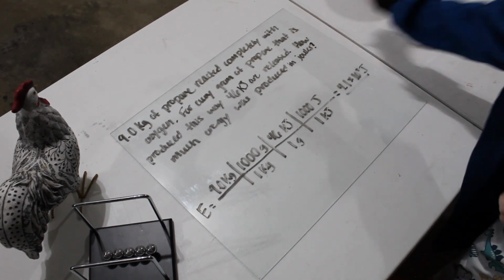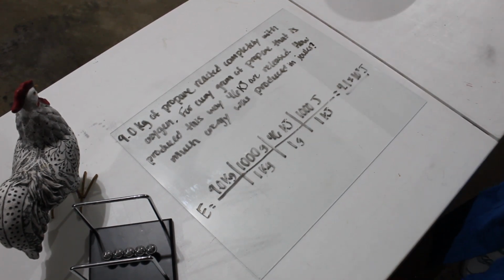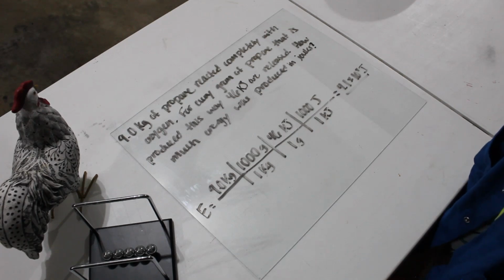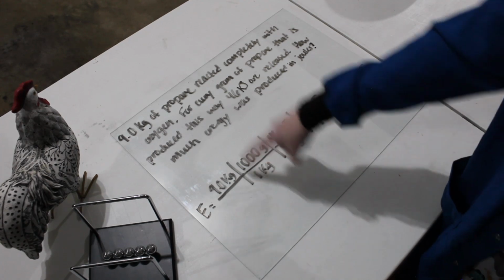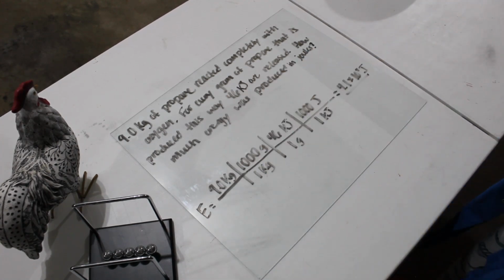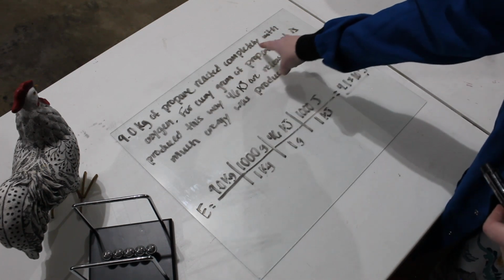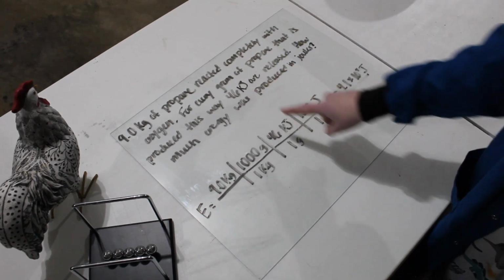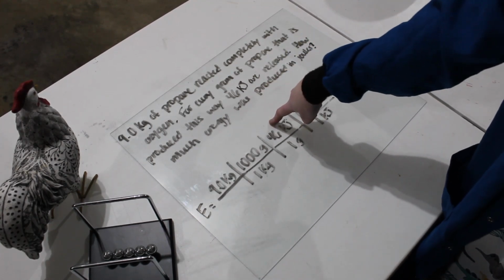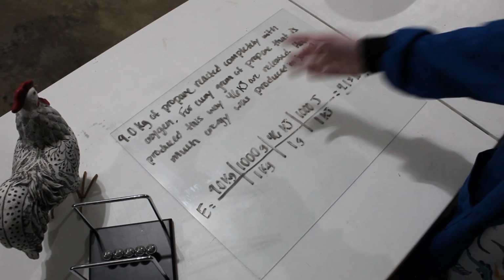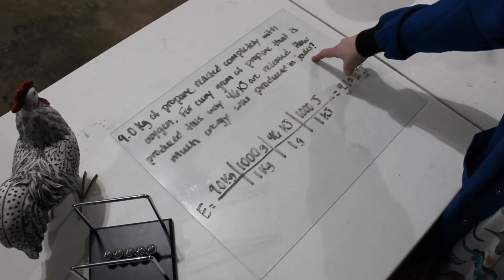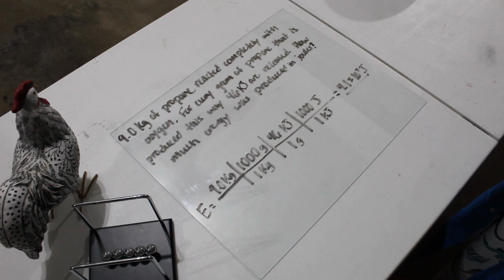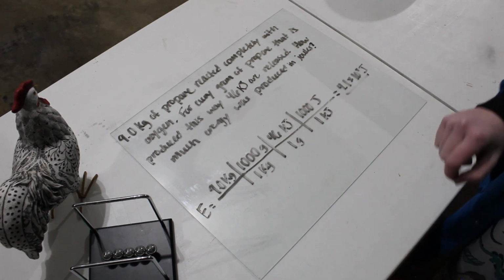Our first step, after fixing grammatical errors, is to convert that 9 kilograms to grams, using the conversion factor of 1 kilogram equals 1,000 grams. Then we work on the next part: for every gram of propane, we were given 46 kilojoules of energy. However, we're asked for joules, not kilojoules, so we use our final conversion factor of 1 kilojoule equals 1,000 joules.